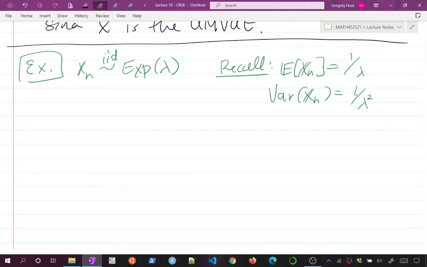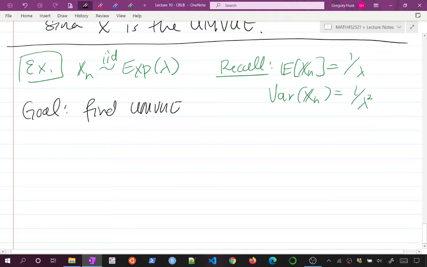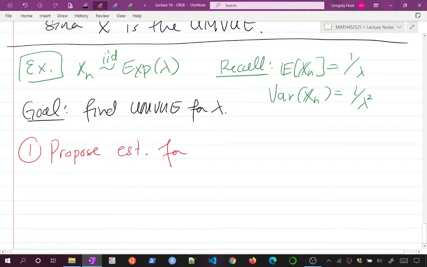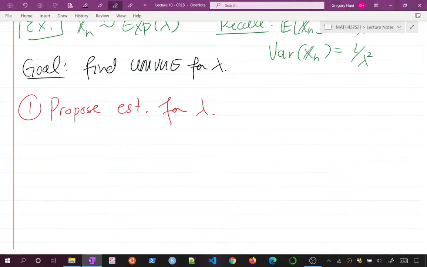So what do we want to do? The goal is obviously to find the best estimator for lambda. Step 1, propose an estimator for lambda. In this case, I'm just going to give it to you.